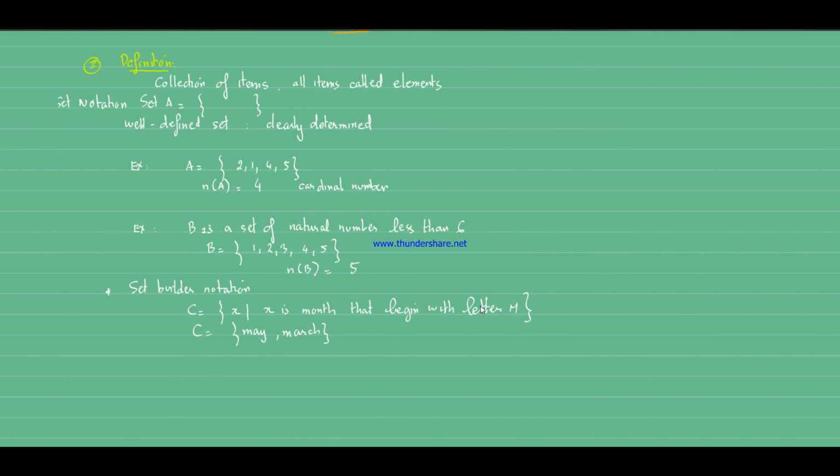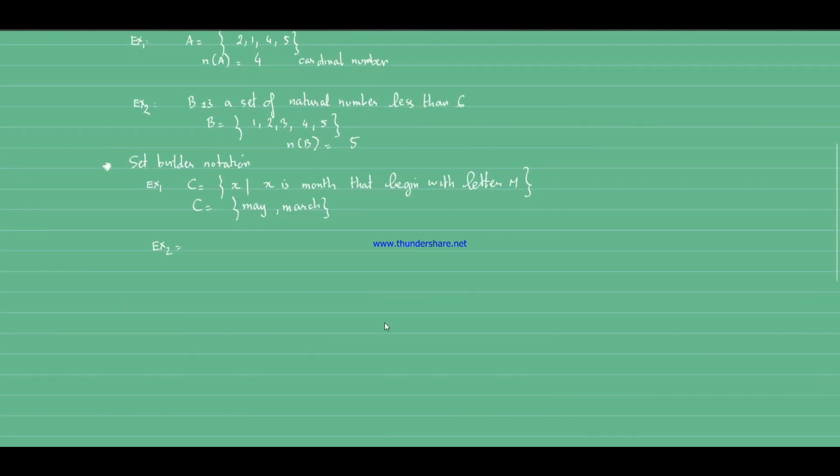Let me give you another example of set builder notation. This is example 1, and example 2 is right here. The set is set D, and the variable x.